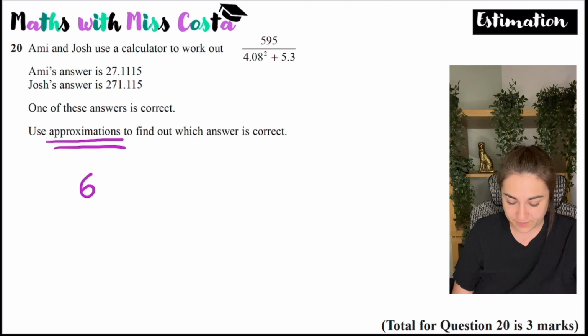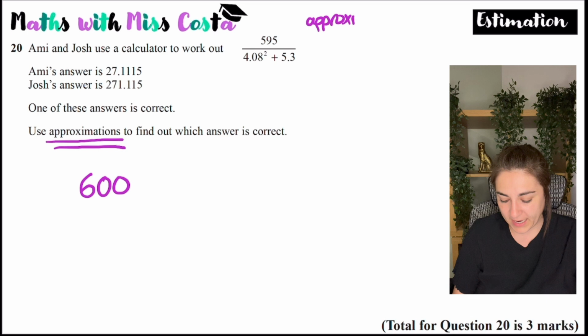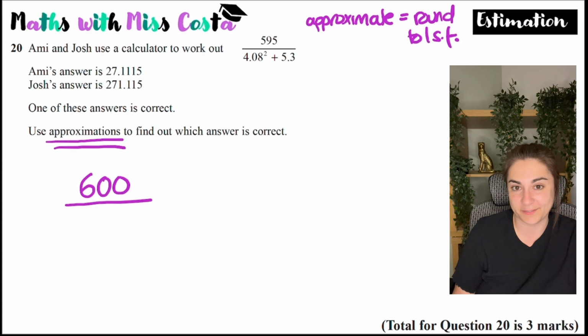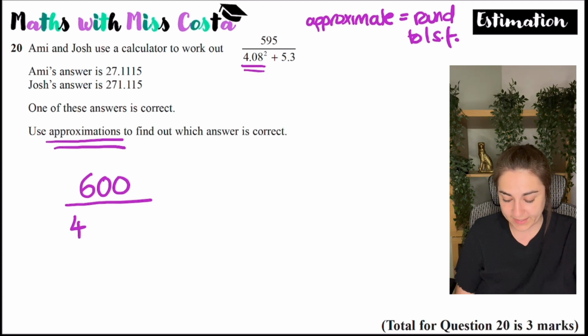So 595, I could round to 600. When you approximate or estimate, generally you should round to one significant figure. So 595 to one significant figure is 600. 4.08 I would round to 4, and 5.3 I would round to 5.